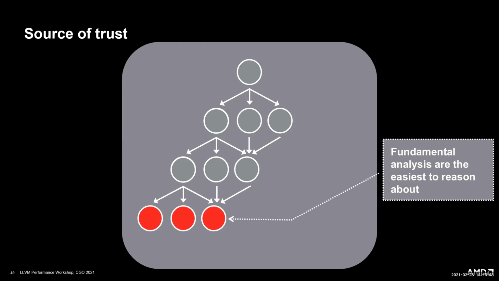Fundamental analyses are generally the easiest to reason about, because they are self-contained. There are fewer chances of external or other sources of bugs which are not easily visible. And it's very wise to say that the post-dominator tree analysis works fine.